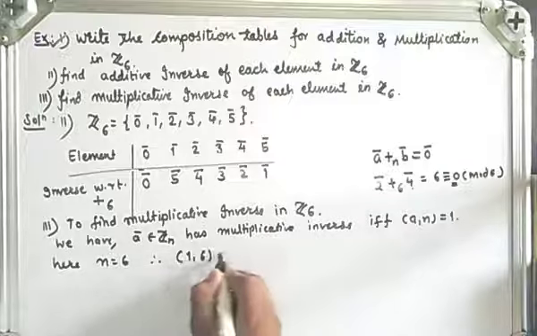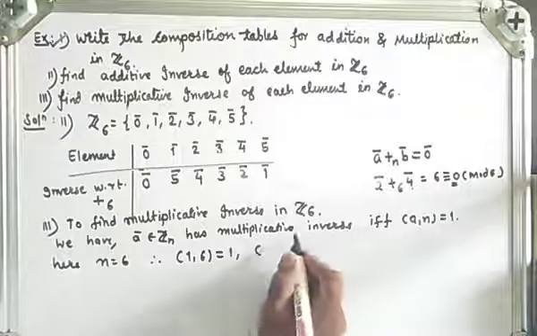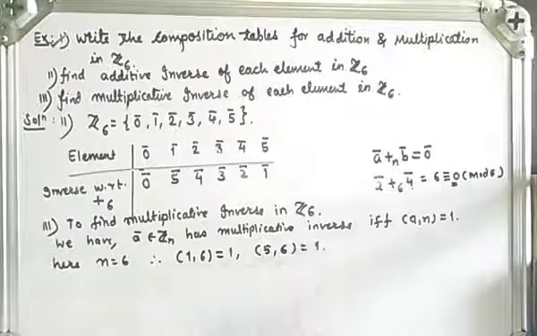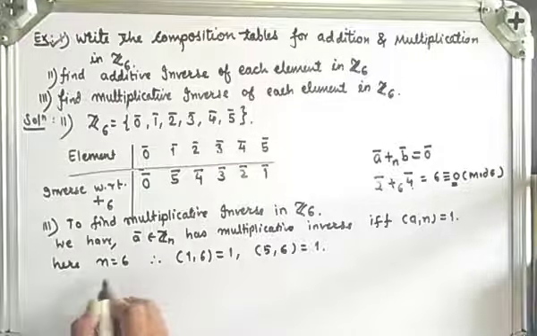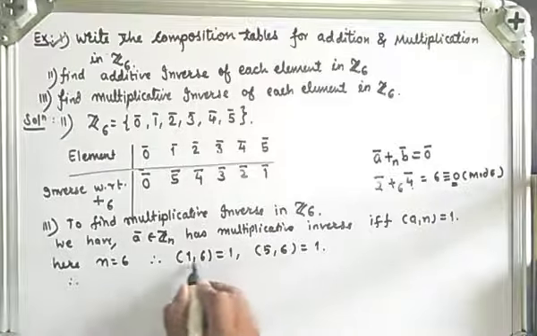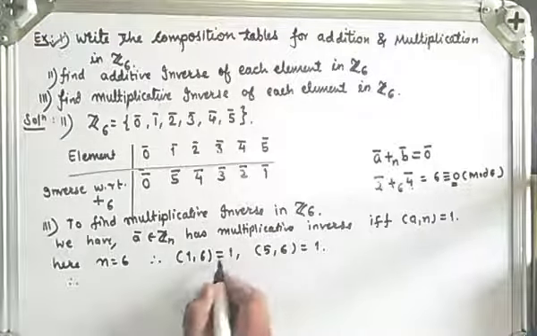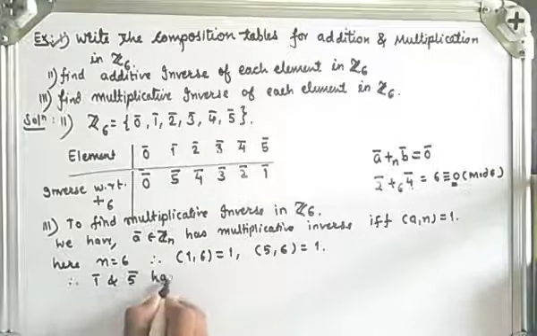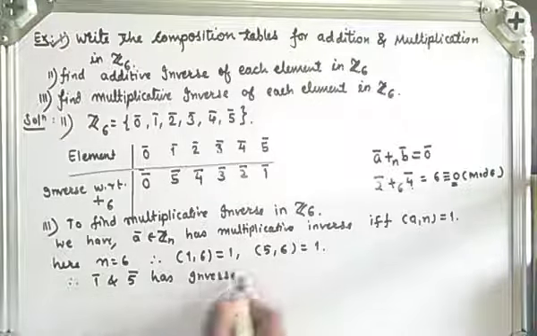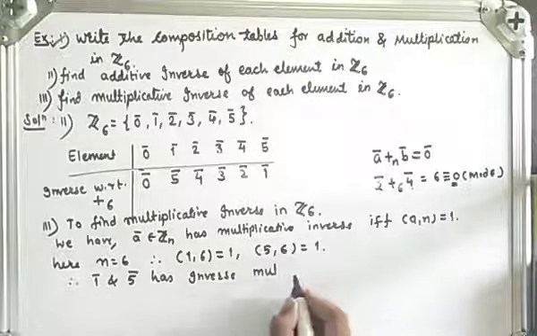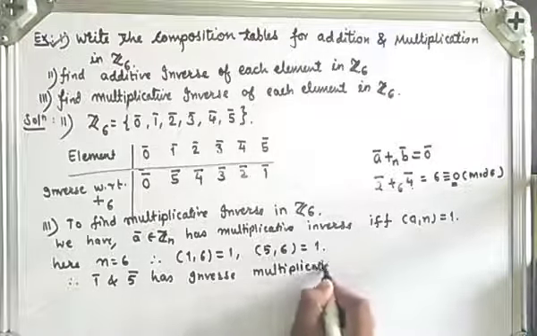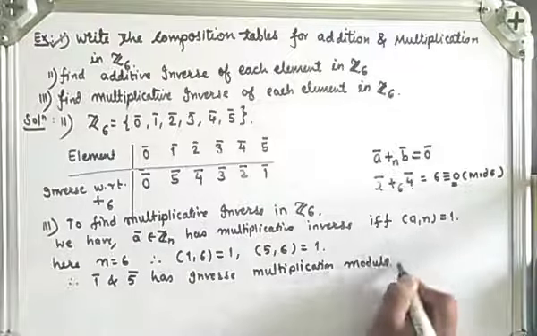So 1 and 6 has GCD 1. Next number is 5. 5 and 6 has GCD 1. So only two numbers have a multiplicative inverse, right? Therefore GCD of 1 and 6 is equal to 1. Therefore 1 bar and 5 bar have an inverse under multiplication modulo 6.